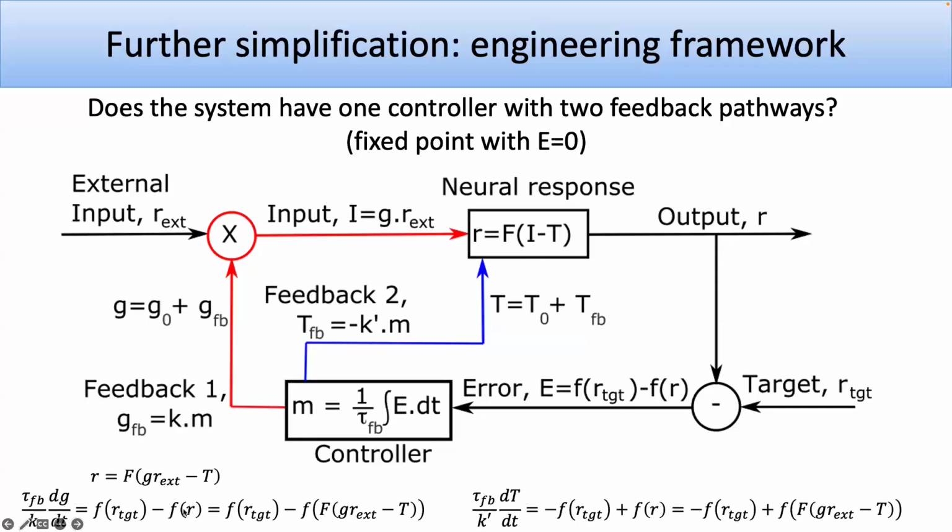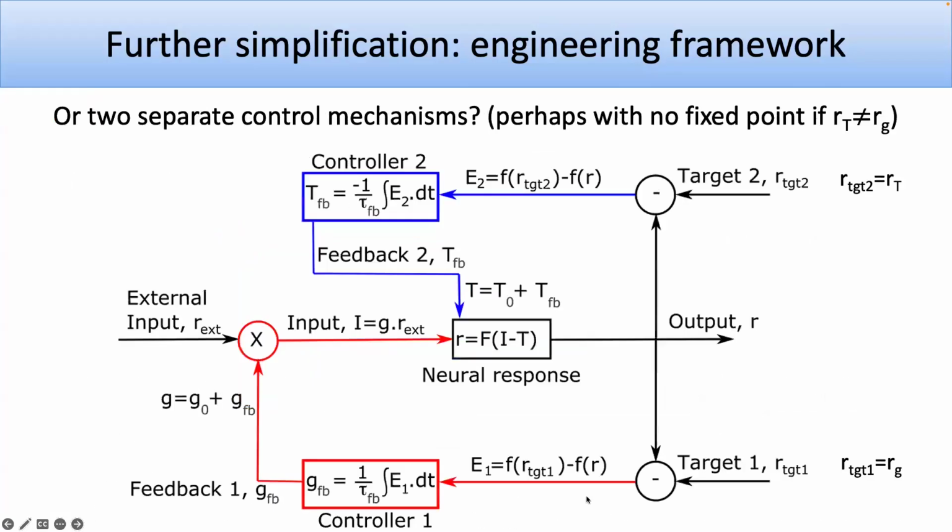And if you looked at the equations, they're essentially the same equation. The rate of change is all based on the same difference between a function of a set point and the actual rate. And they both have the same fixed point where the firing rate is equal to the target.